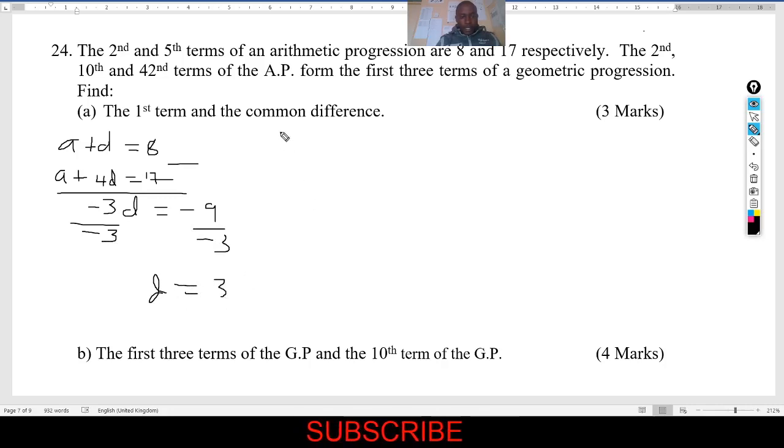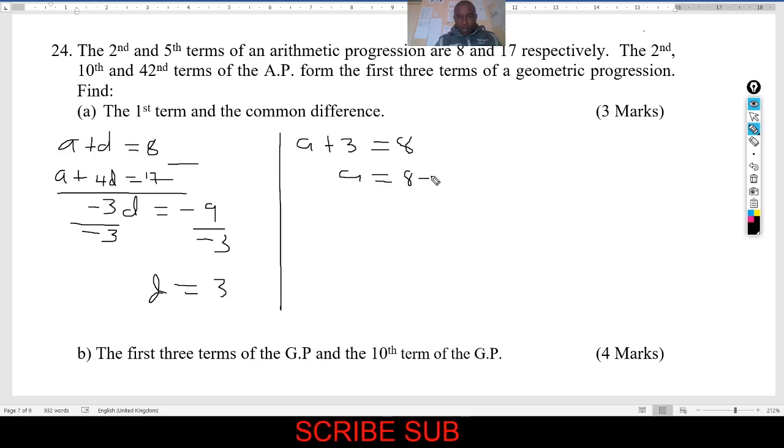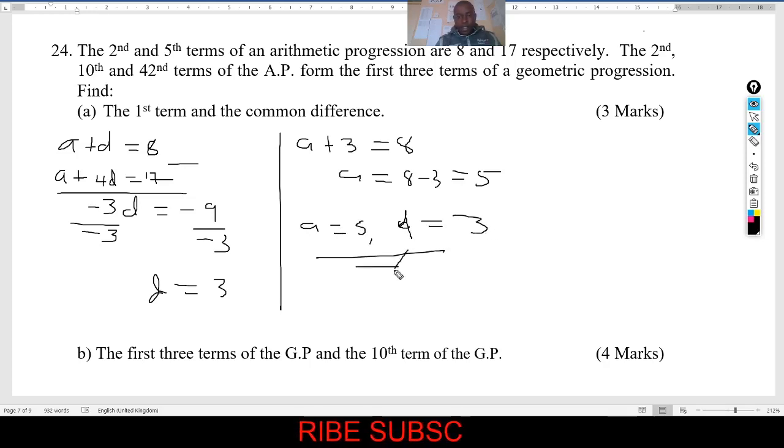So if D is 3, I substitute in the first equation: A plus 3 equals 8. Meaning that A equals 8 minus 3, which is equal to 5. So I know the first term is A equals 5, and D equals 3, and that is what I'm asked. So you score your 3 marks, as simple as that.